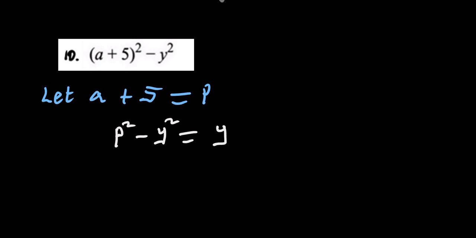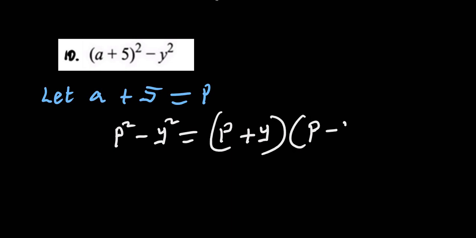equal to, sorry, let's have the p first, equals p plus y and p minus y. So now we can substitute the value of p back into, this is p and this is the value of p.